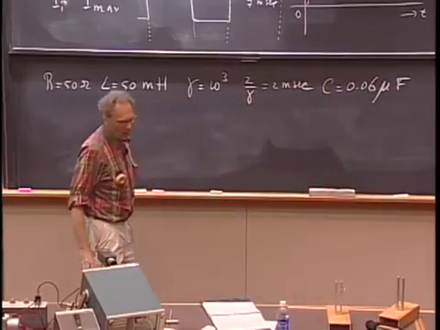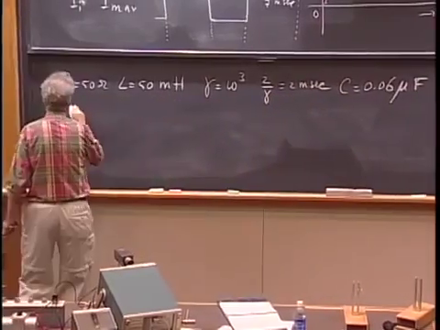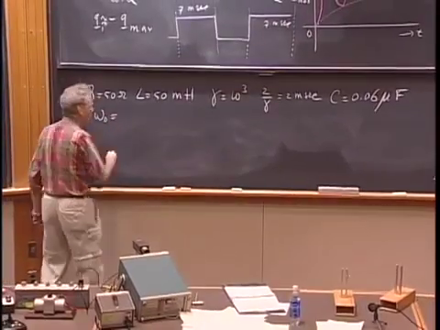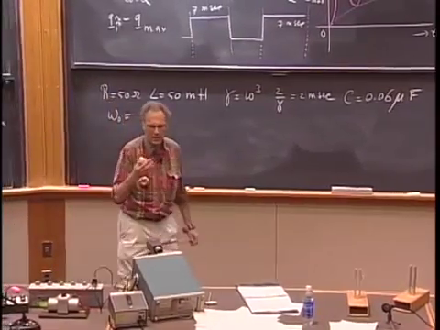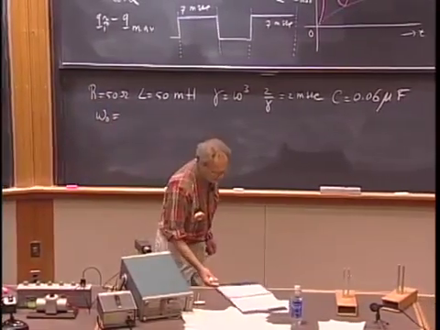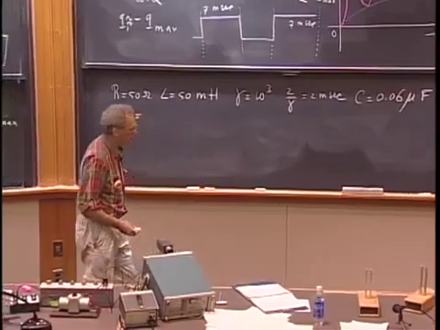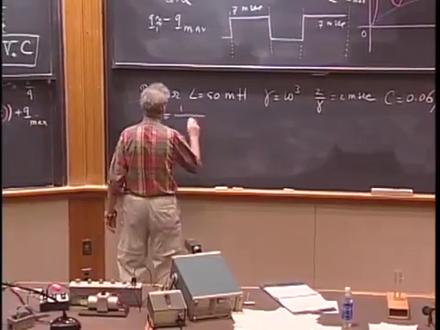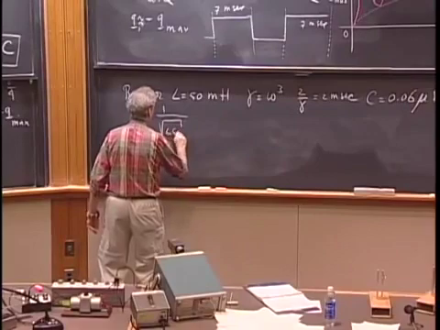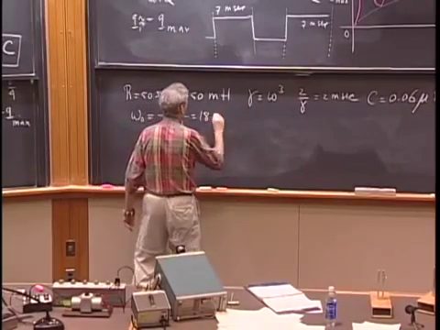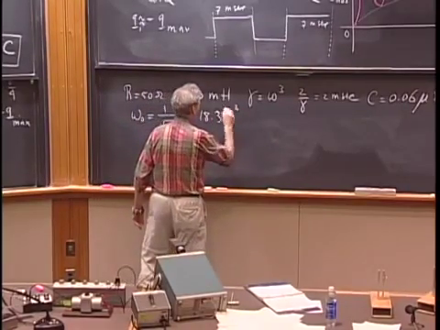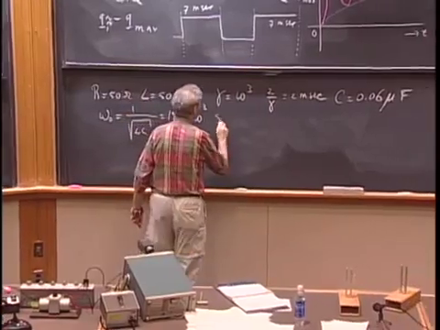So that would give you an omega 0, if you're interested in omega 0. I never have a good feeling for omegas. I like frequencies, hertz, much better, but if you're interested in omega 0, which is 1 over the square root of LC, that would be 18.3 times 10 to the thirds, and that is radians per second.